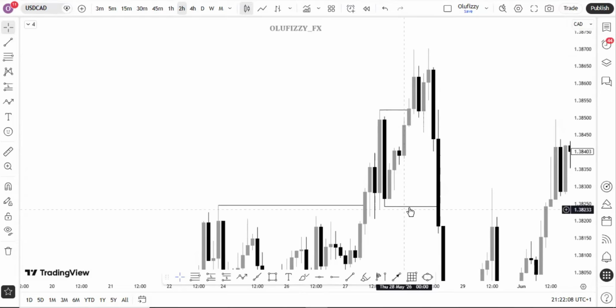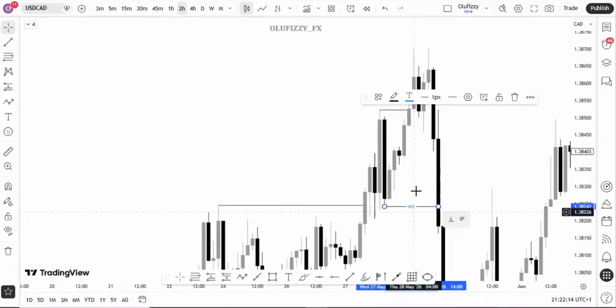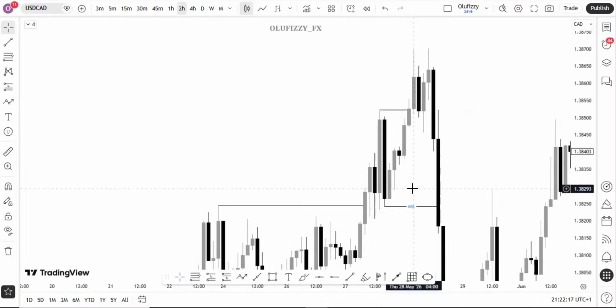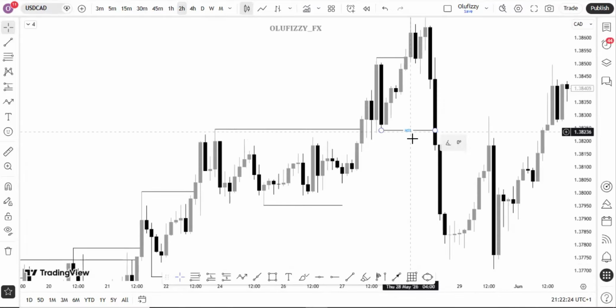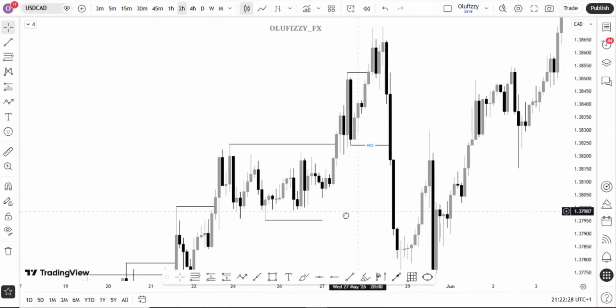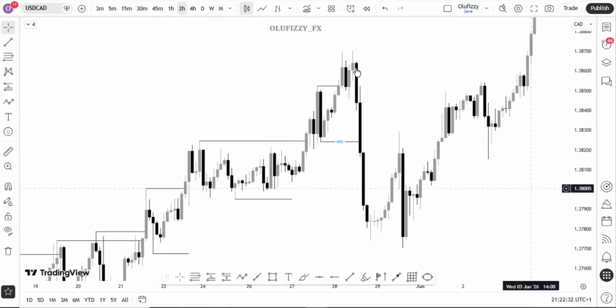So that means we have our market structure shift here. I know that market structure shift is an indication that we might have a possible change in trend. So let's check what we have. So price breaks this high, even breaks this low. So let's see what price now continues doing.